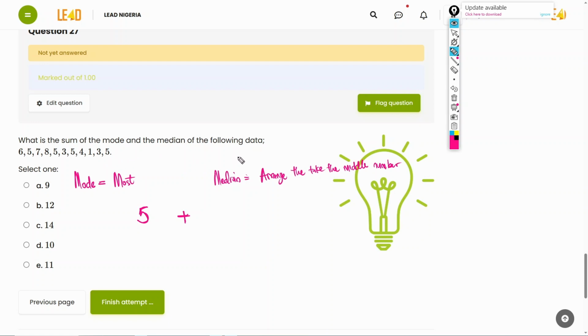Okay, so from smallest to biggest, 1, then 3 occurs twice, so 3, 3, then 4 occurs once, 4, then 5 occurs, we already said that 5 occurs 4 times, so 1, 2, 3, 4, correct, and 6 occurs once, and then 7 and 8.